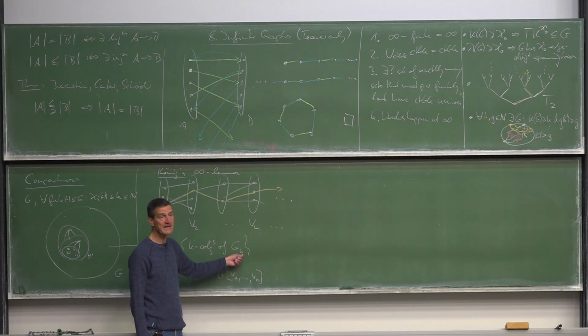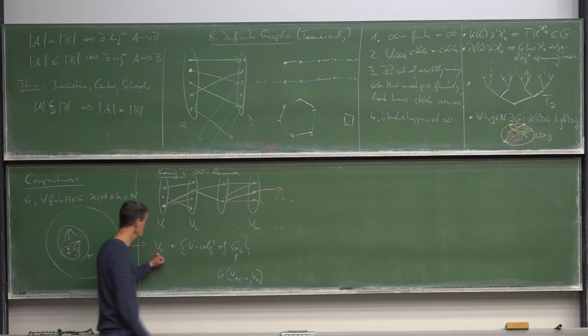Maybe Gn has many colorings with at most K colors, but only finitely many, because it's only got finitely many vertices, there are only finitely many colors to dish out to these vertices, so there's only finitely many ways of doing that. Right? So the set of all K colorings of Gn is finite for every n. Call that set Vn.